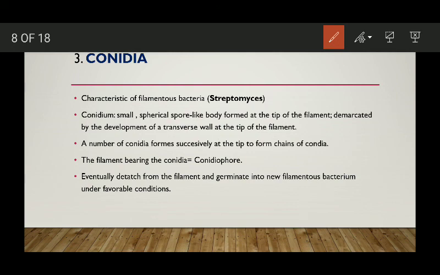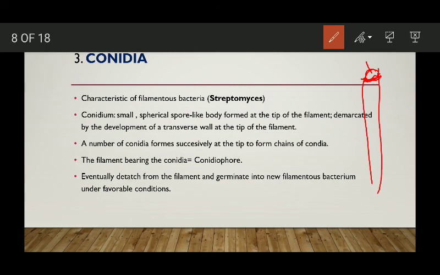For example, this is the filament, and this is the tip of the filament. A transverse wall forms here, and this transverse wall results in the formation of a spore-like body at the tip of the filament. This structure is known as a conidium. A number of conidia form successively at the tip to form chains of conidia.